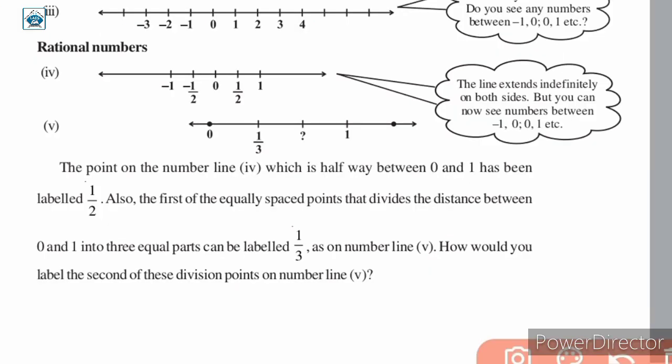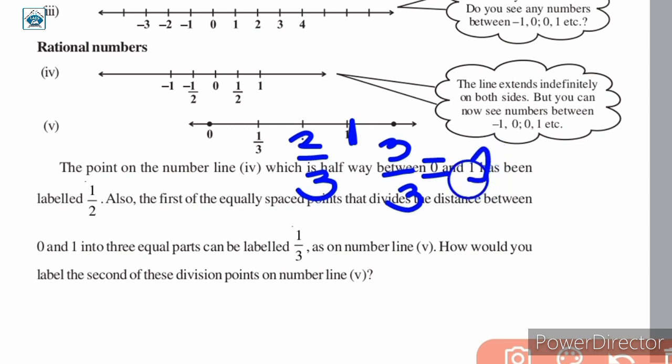In the similar manner, in the next number line, we can see points 0 and 1 and here we are given 1 by 3. As you can see, this distance is divided into 3 equal parts. So this will be 1 by 3, and in place of the question mark we will have 2 by 3, and this point 1, it will be 3 by 3. So this is equal to 1 itself.